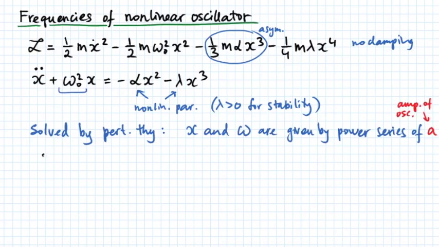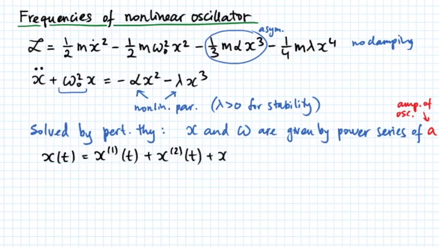So what we are looking for is to write x as a function of time in terms of x1, which will be proportional to the first power of A, plus x2, which will be proportional to the second power of A, and so forth.